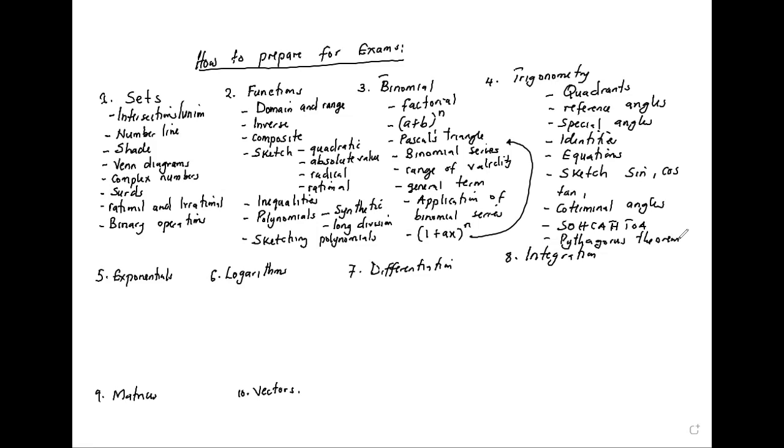This will help you answer questions that come in terms of angles. What next? Exponentials. What do I need to know in exponentials? How to sketch them. Exponentials have horizontal asymptotes.